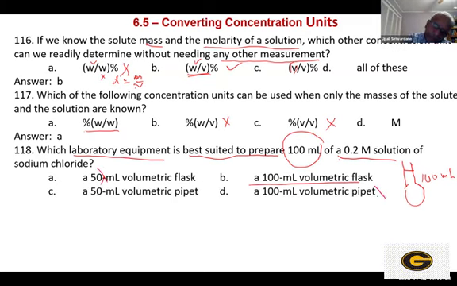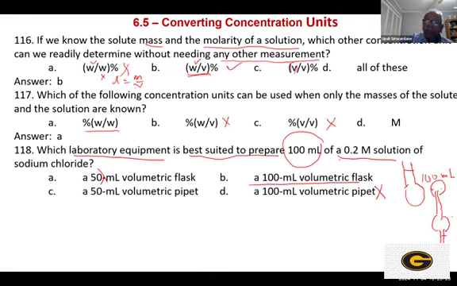Pipette is not used to make solution. To measure volume of a liquid, you use a pipette. Pipette is a long tube with, you use a bulb to measure volume.